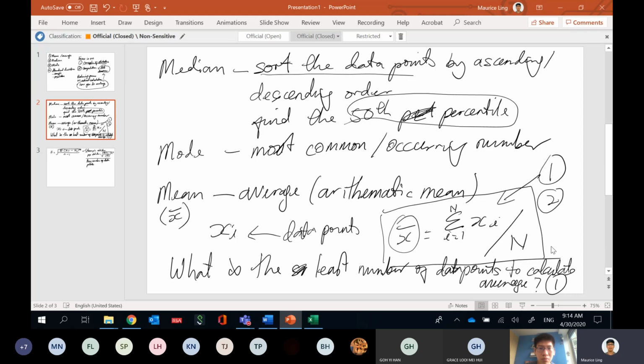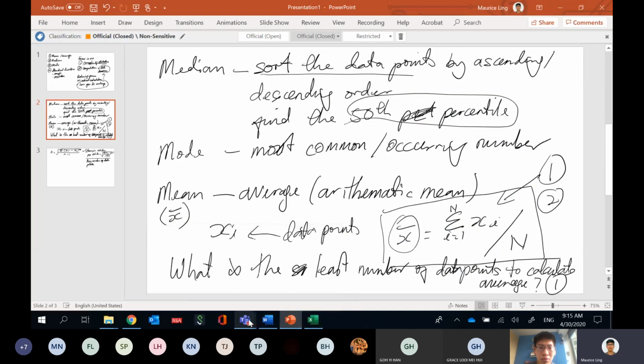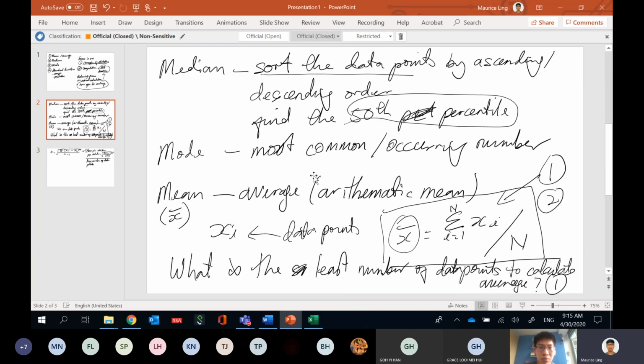Okay, if you never type in the meeting chat, then I presume that everyone is okay. Does anyone not know how to calculate average? Any other respondents other than Sean? All know how to calculate average, right?